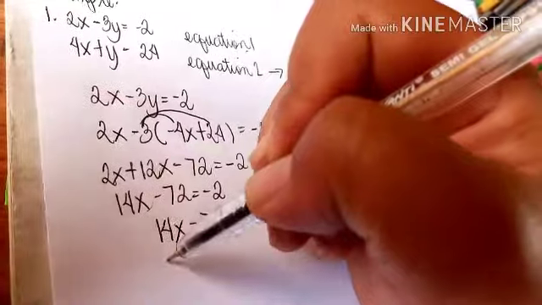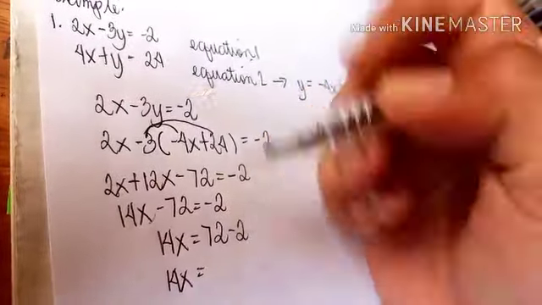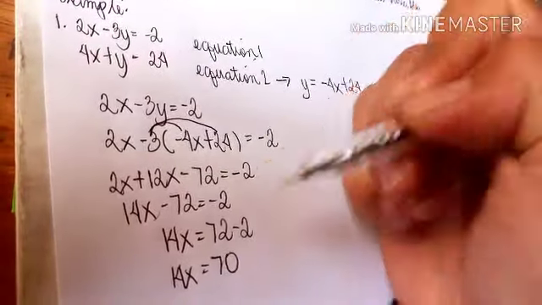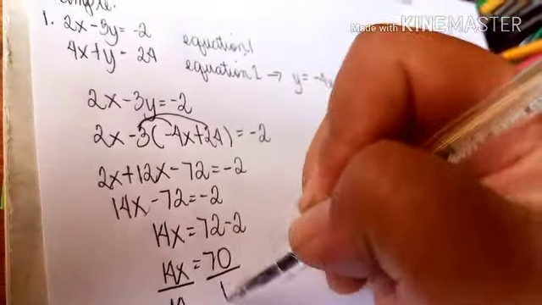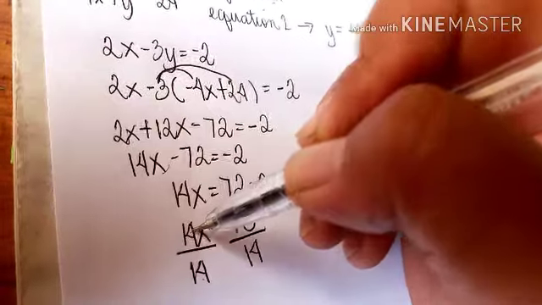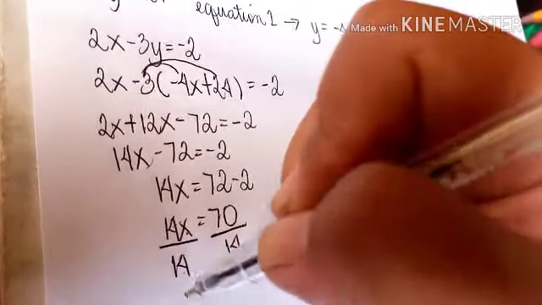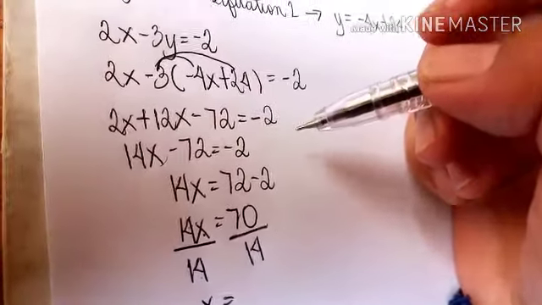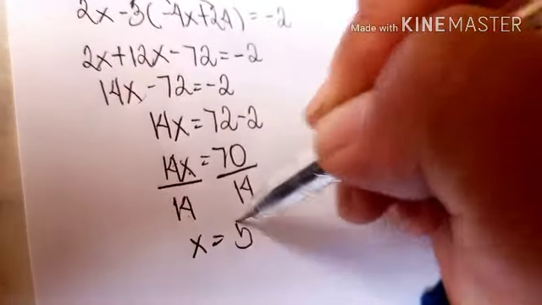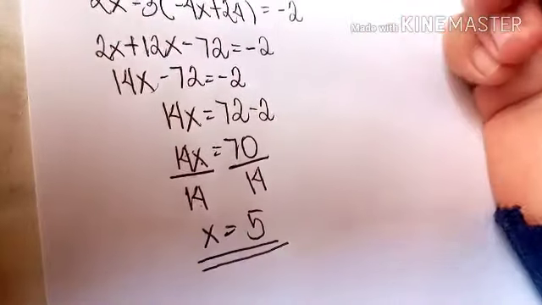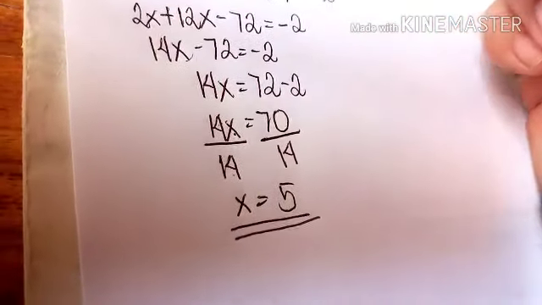That becomes 14x is equal to 70. Divide both sides by 14. 14 is the constant of our x. So we now have x equal to 5. This is the value of my x already.